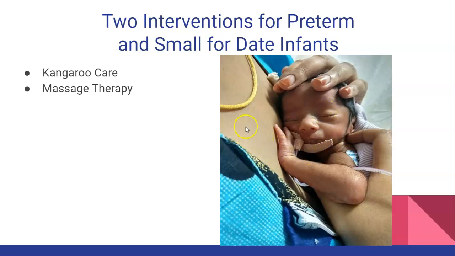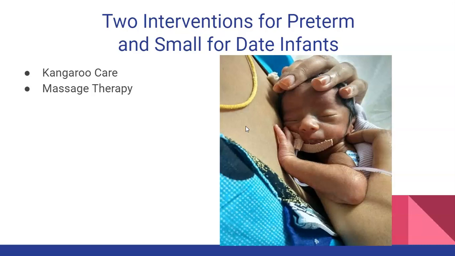And this method really helps to regulate the child's breathing. And on the flip side, it helps the child to gain weight, because if they're able to regulate their body temperature, that means that they will be able to also regulate their weight as well. That is a bodily function.